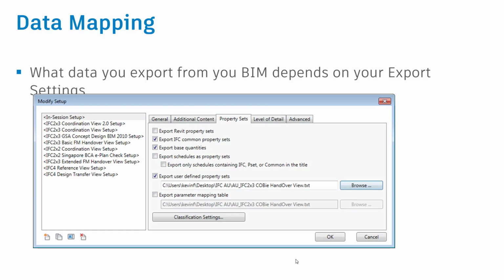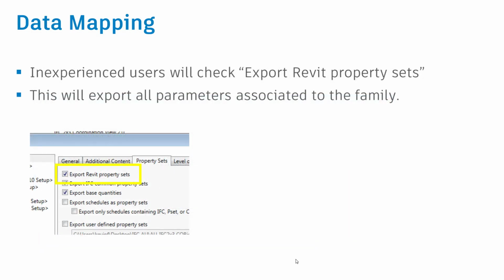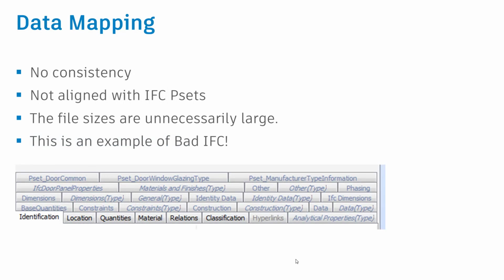So what information actually exports depends on the settings that you use. This is on one of the tabs of your IFC exporter. There is a tab that says Export Revit Property Sets, and this will export out everything inside Revit. This is not good BIM.